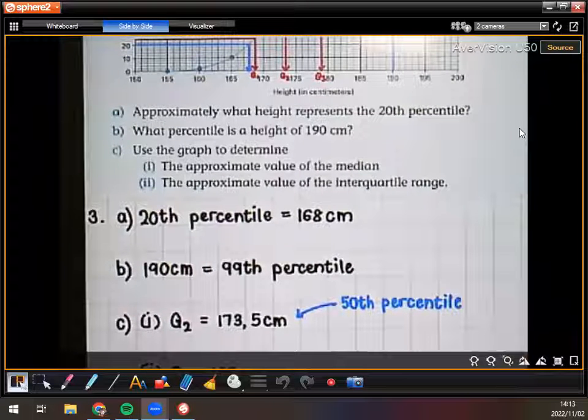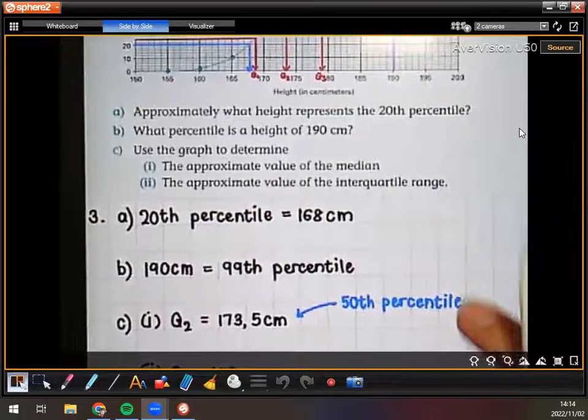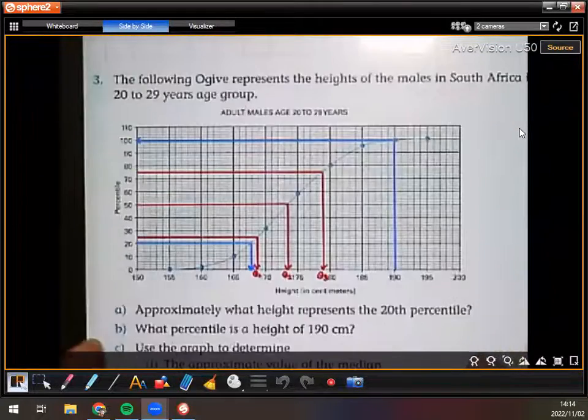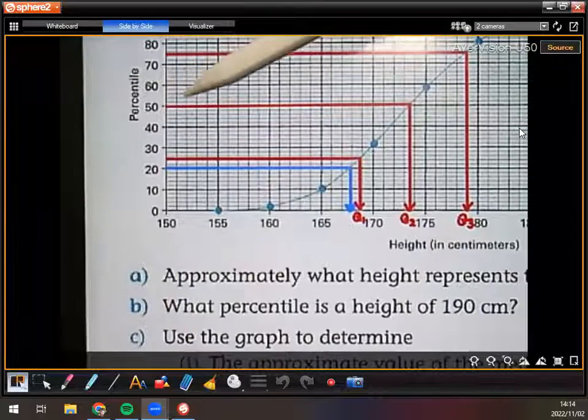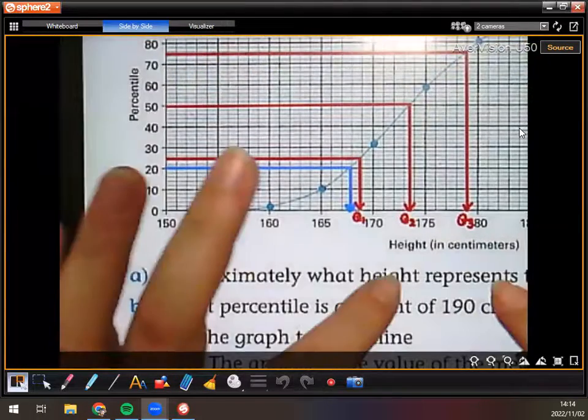You have to go to 50 on the y-axis and then draw your line going down. So something close to that value there. I have to say the 173.5, but you could have possibly said 174. Yeah, I'll show you now on mine. So when I went to 50, I drew my line down.